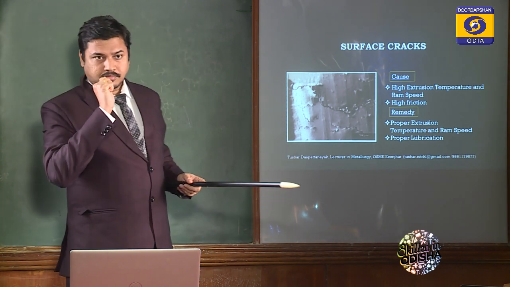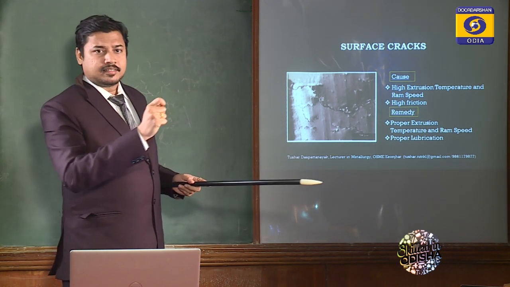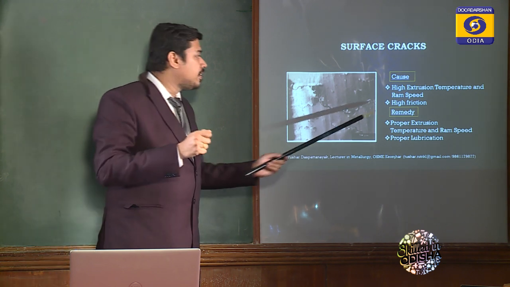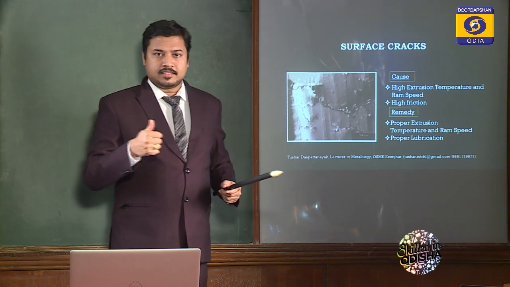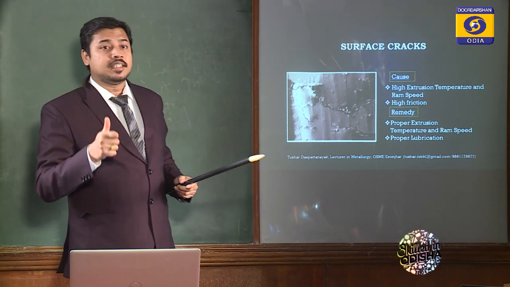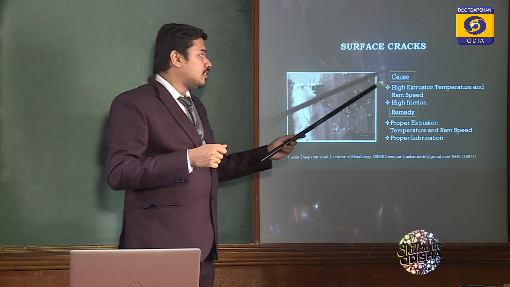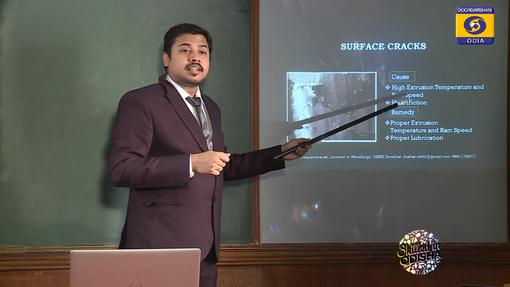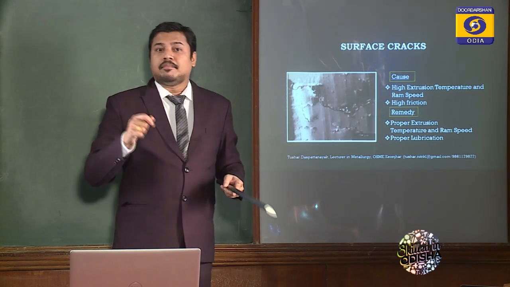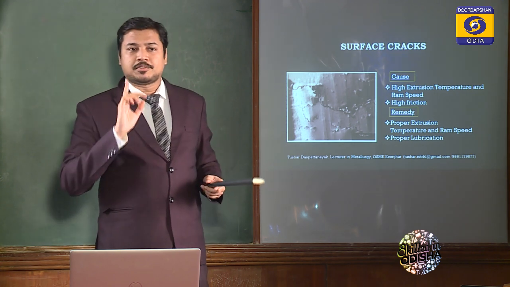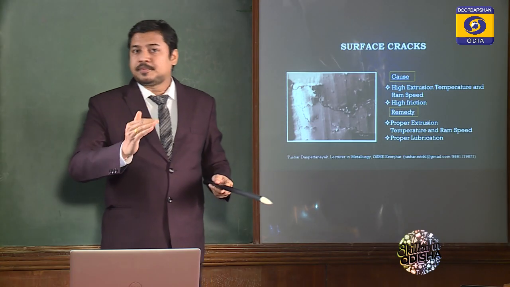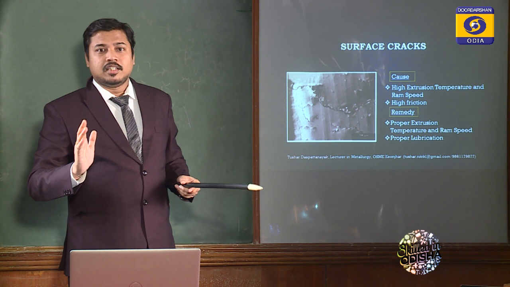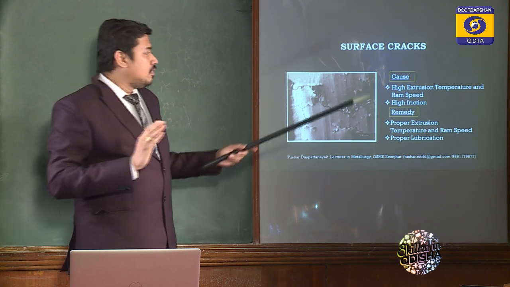Friction between die and metal billet, if higher, can generate surface cracks. So we have to be aware that extrusion temperature, ram speed and friction must be taken care of during extrusion, so that we can avoid surface cracks, because surface cracks are absolutely common in case of extrusion. So we have to reduce that.